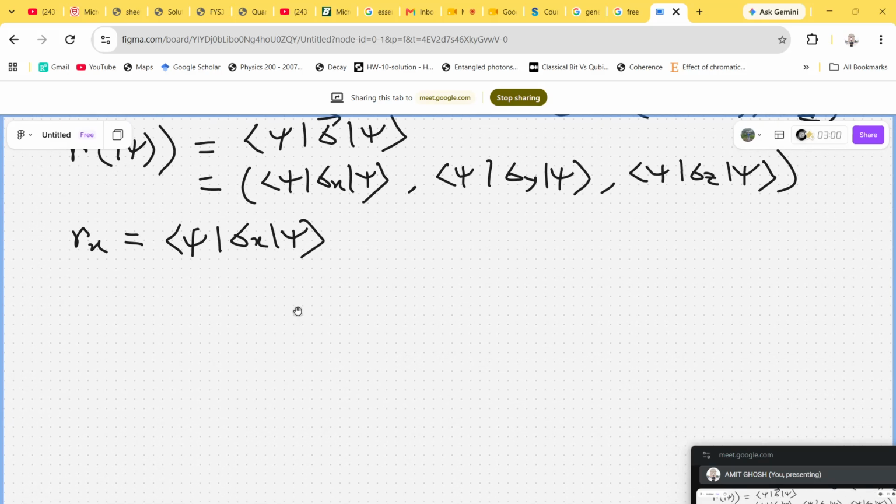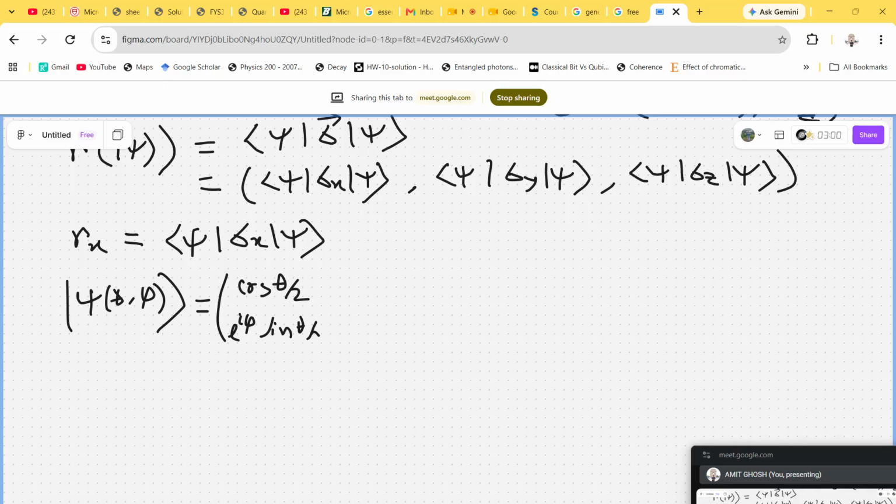So your psi(theta, phi) is given by cos(theta/2) and e^(i phi) sin(theta/2), right?